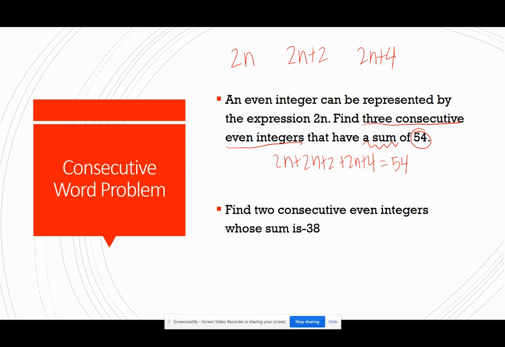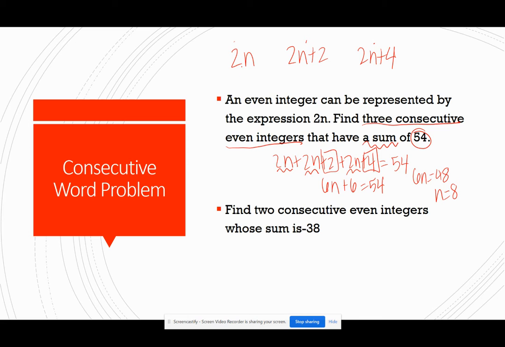All right, combine our like terms. 2n, 2n, 2n gives me 6n. 2 and 4 gives me 6, equals 54. Subtract 6 from both sides, we get 6n equals 48. So our n is 8. But I am not looking for n. I am looking for 2n, 2n plus 2, 2n plus 4. So I'm going to plug back in.